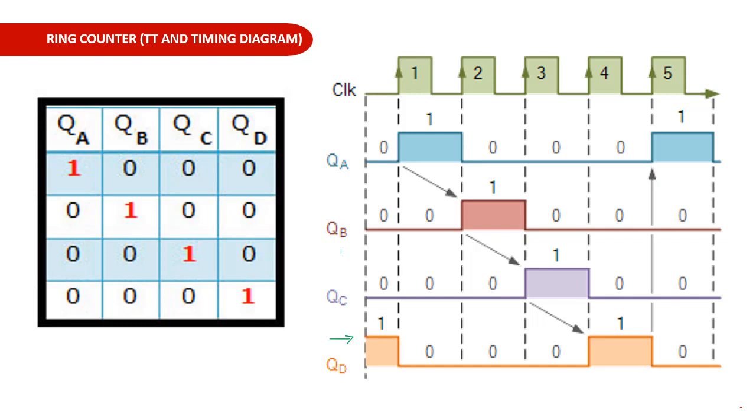When the next clock pulse comes, your QA output will be 1 and all other outputs will be 0. And similarly, when the next clock pulse comes, since QA is 1, this will become 1 and all others will be 0. So this will be continuing, and this is the timing diagram for the ring counter.